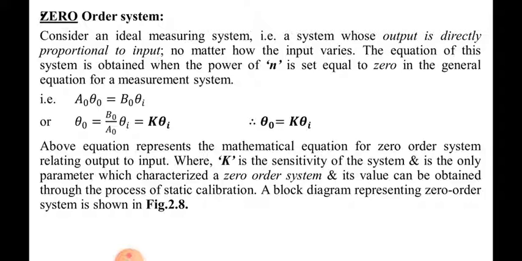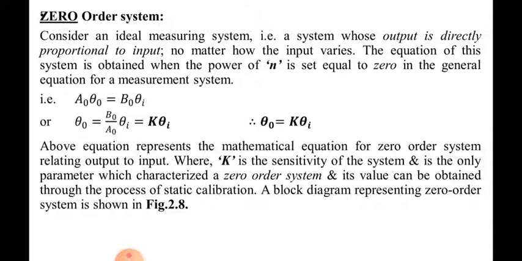The equation of this system is obtained when n is set equal to 0 in the general equation for a measurement system, that is a0 theta o equal to b0 theta I. Output function theta o equals b0 by a0 multiplied by theta I, and b0 by a0 is nothing but the proportionality constant k.